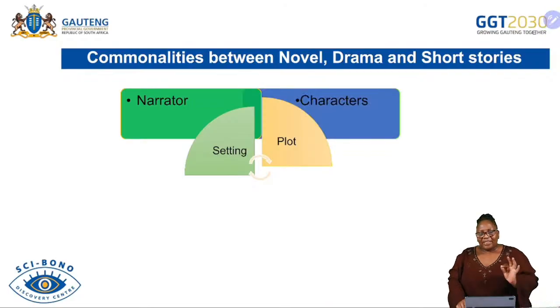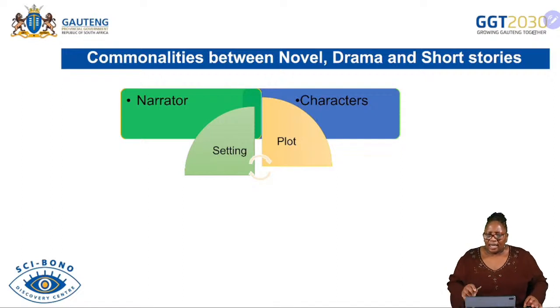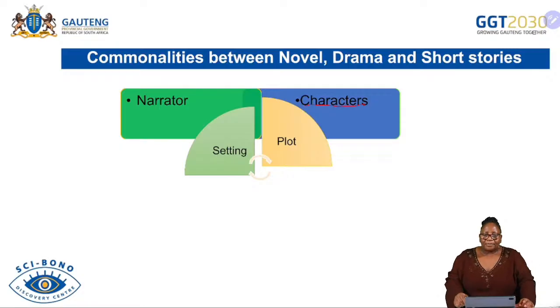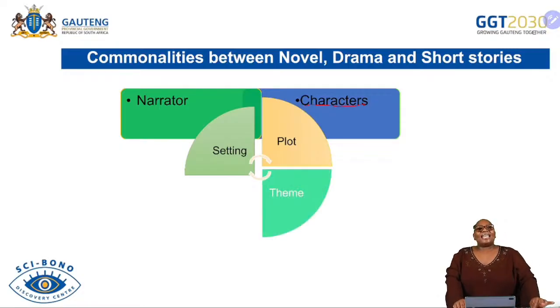And then we have the plot being the storyline. What is the story all about? And who makes up the story? The story is made up of who? The characters. And there is a universal main idea called a theme that we have to learn about.